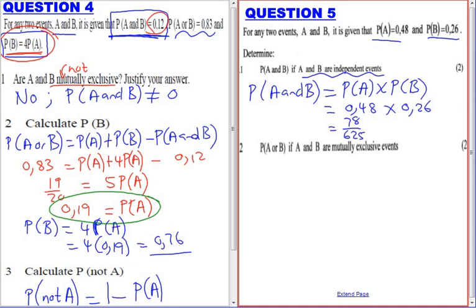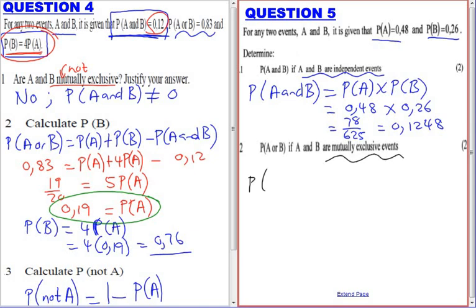Let me just write it as 0.1248. I hope. You can write it as 0.12 really if you want to write it to 2 decimal places, but I'm feeling uncomfortable rounding it off. So what about the probability of A or B if A and B are mutually exclusive?